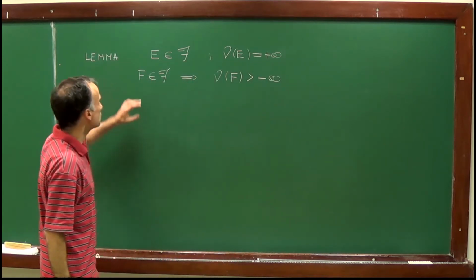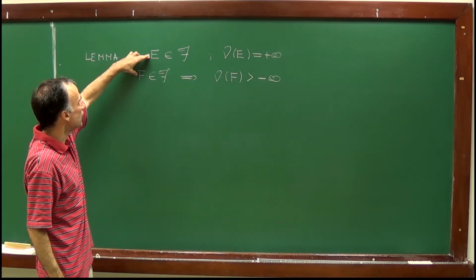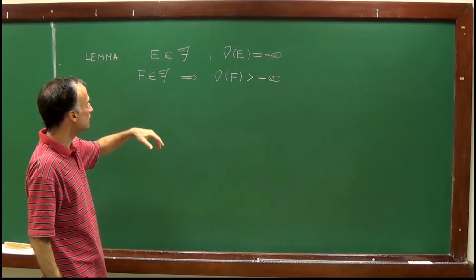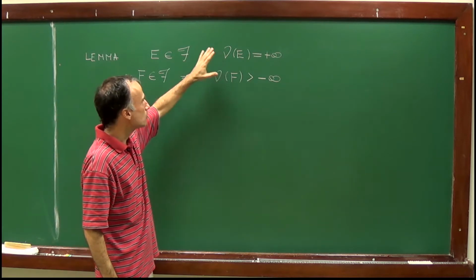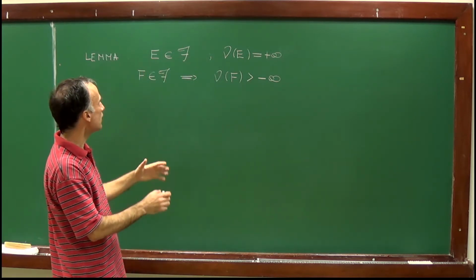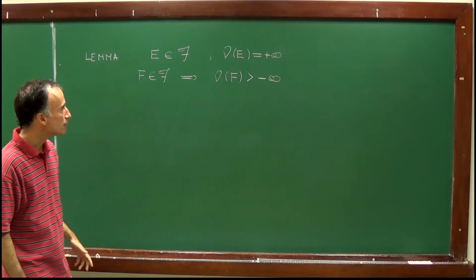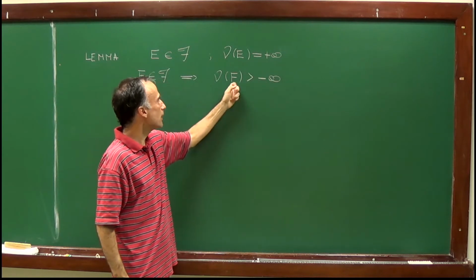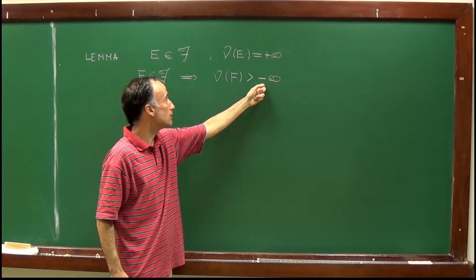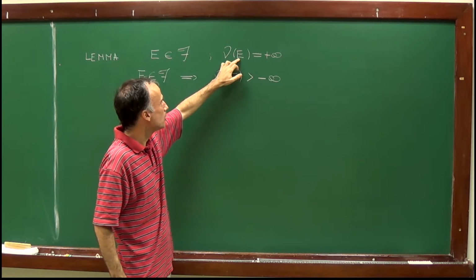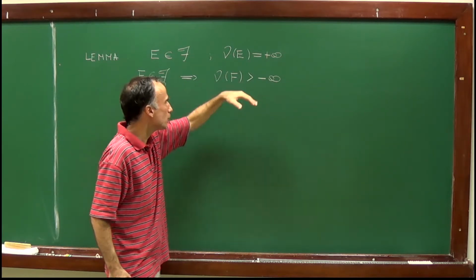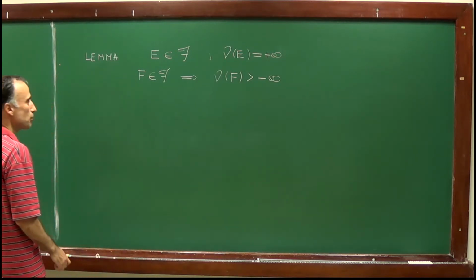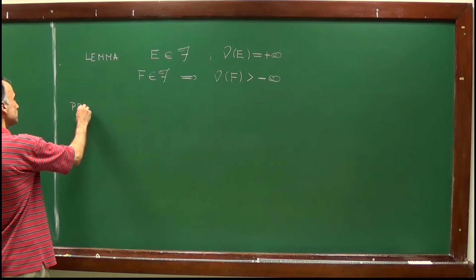We have seen this property if E and F are disjoint. Now I claim that in fact this property holds always, so that you can't have in the sigma algebra a set E whose value is plus infinity and a set F whose value is minus infinity. So this means that if there is one set whose value is plus infinity, then all other sets must take either a real value or a value equal to plus infinity. So let's prove that.